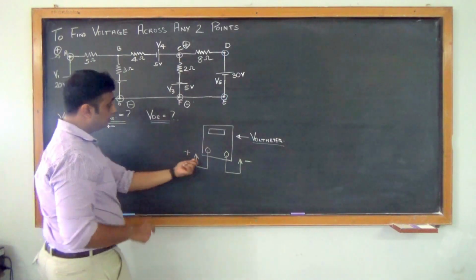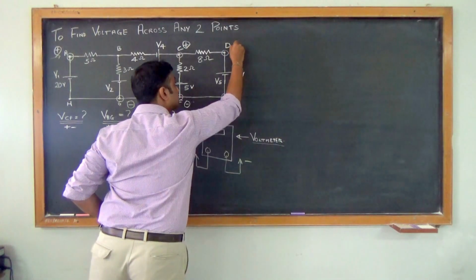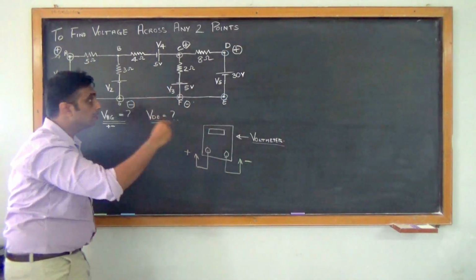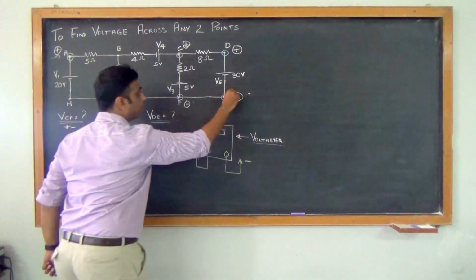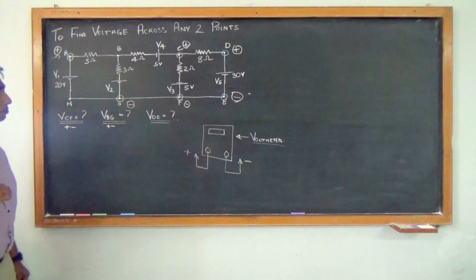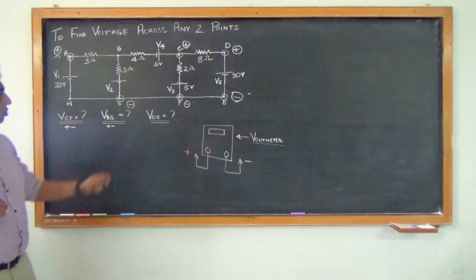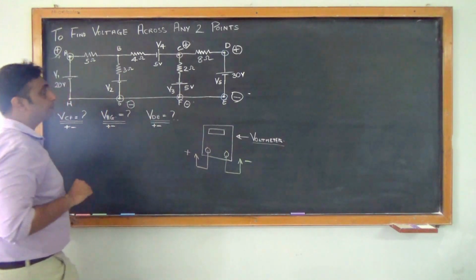The first terminal or the positive terminal of the voltmeter will be connected to D and the negative terminal will be connected to E. So this also will have a positive here and a negative here.